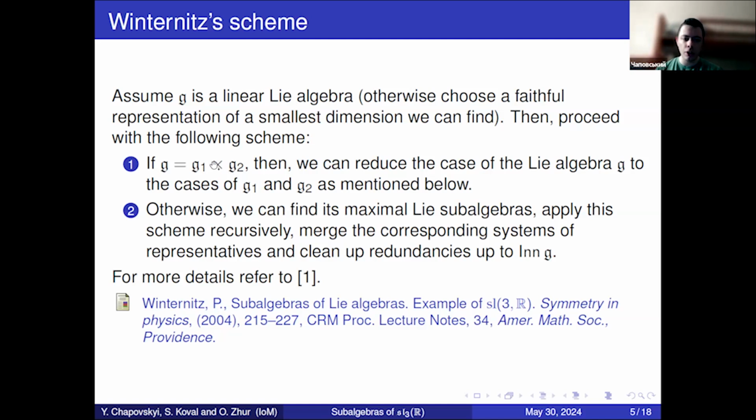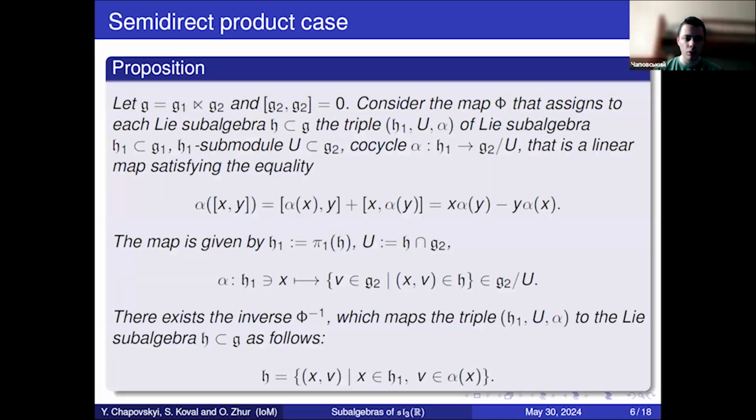First, the semi-direct product is actually a direct product of Lie algebras. Second, the second summand G2 is an abelian Lie algebra. These two cases are pretty similar, and moreover, the second one is the one we actually use for the classification problem of SL3.